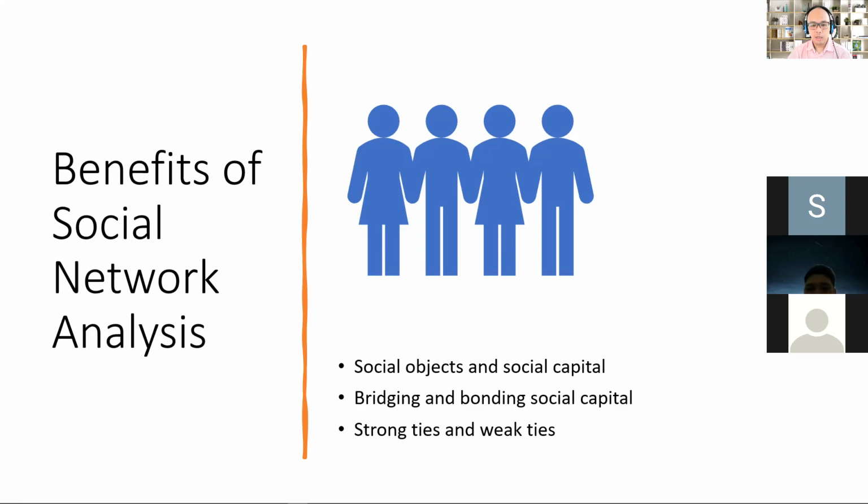And that brings me to the last point. When you analyze a social network, even if it's your own social network, it allows you to identify where your strong ties are and where your weakest ties are.